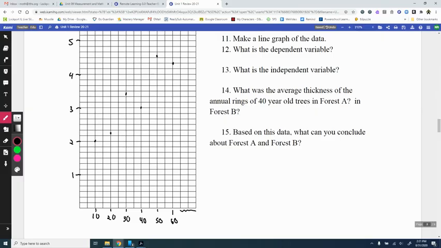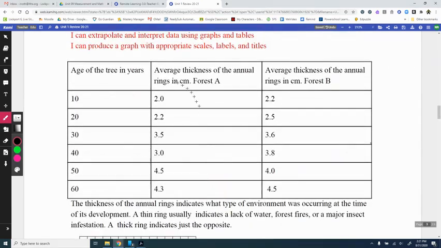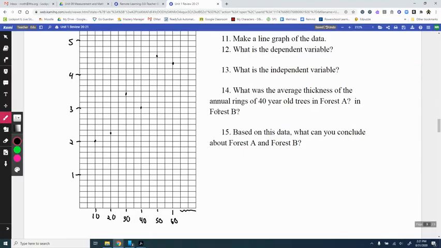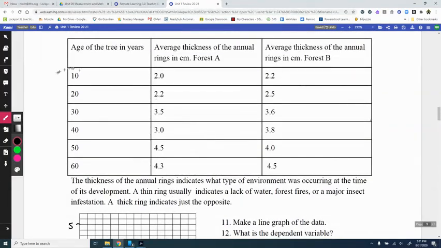There we go. So which one is that? That is the average thickness of forest A. So now we're going to connect those dots. All right, so that's forest A. We're just going to label that right there. Okay, so next we're going to do forest B.